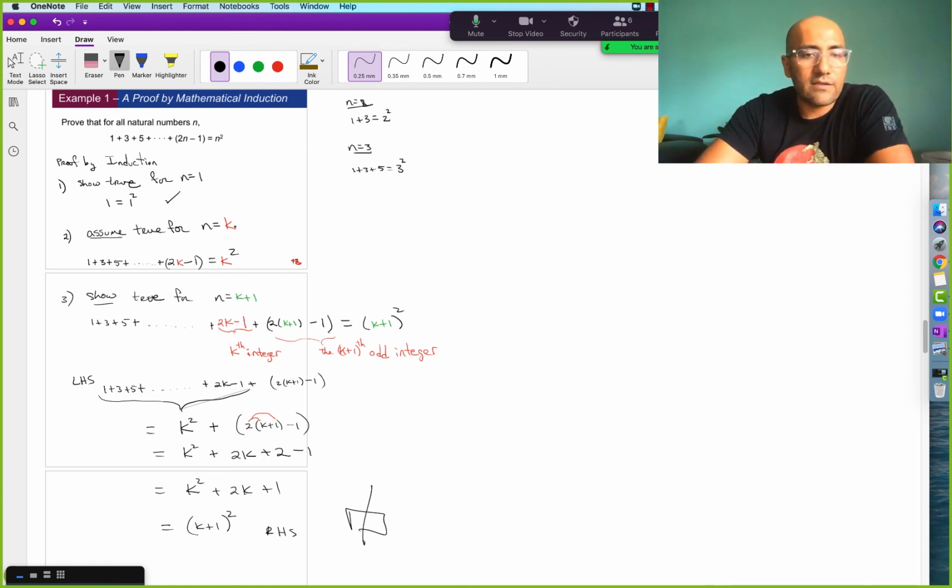So if I can assume this is true and I can show that this assumption leads to being able to prove this, then you've shown that one domino will knock down the next one. You've got the ball rolling with n equals 1. So combining these 3 steps, you've shown that the original statement is true for any value of n.